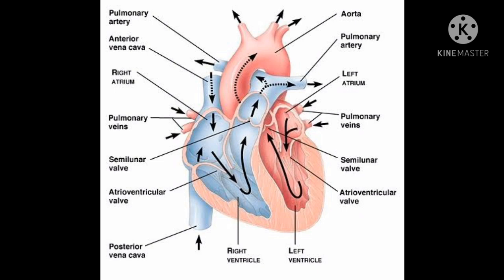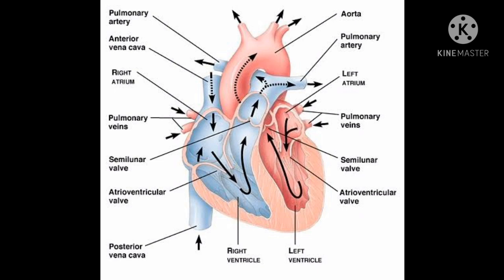The deoxygenated blood collected with the help of the pulmonary artery is transferred to the lungs, and here it becomes oxygenated blood because of the exchange of gases.